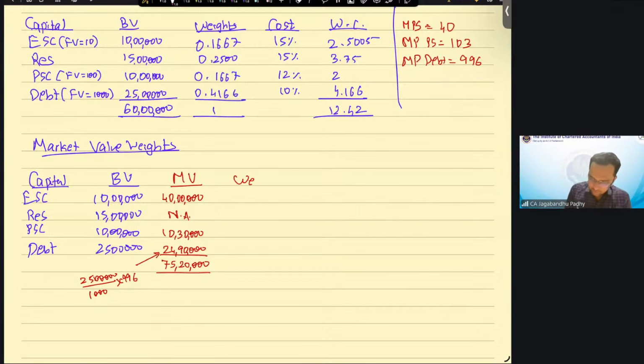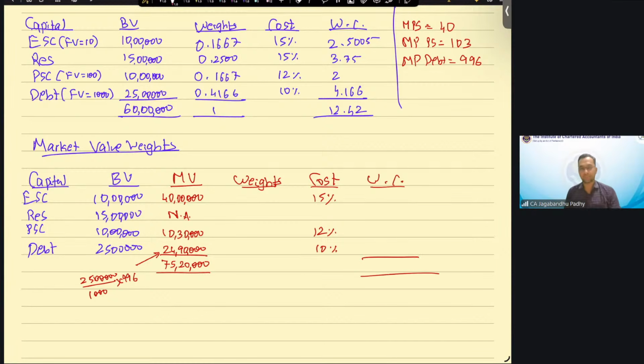Now here we calculate the weights and we take the same cost, which is 15%, 12%, 10%, and then we do the weights into cost. We can calculate the weights, multiply them by the cost, and get the weighted average cost.